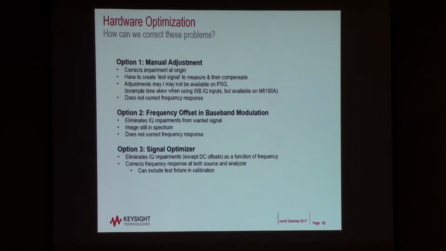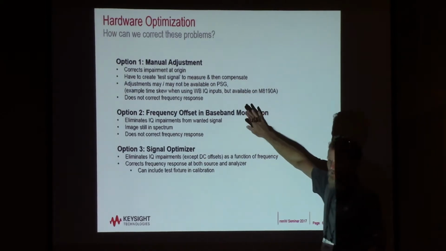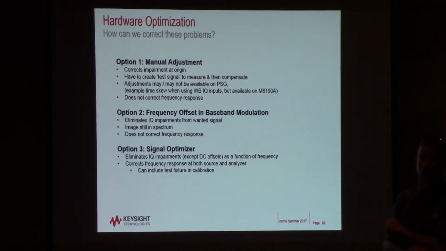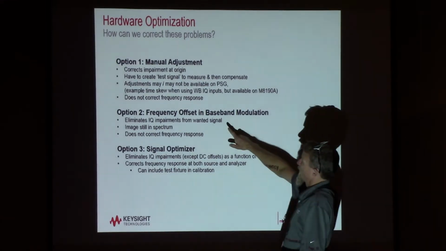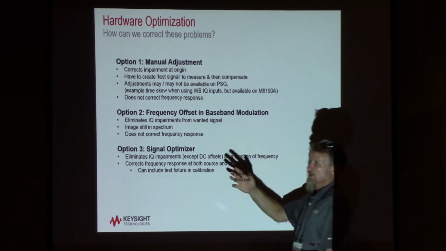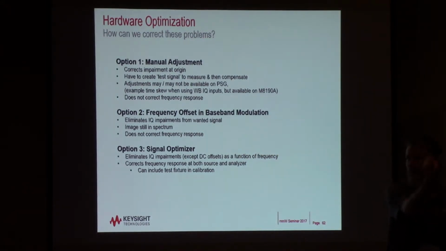The main point here is, I've talked about these sources of IQ error. So what are the three things you can do? As I mentioned, you can manually adjust some of the properties of the IQ modulator to remove the images and the DC offsets to get rid of the LO feed-through. You can also offset the modulation from the center frequency, and then you will not see the LO feed-through.